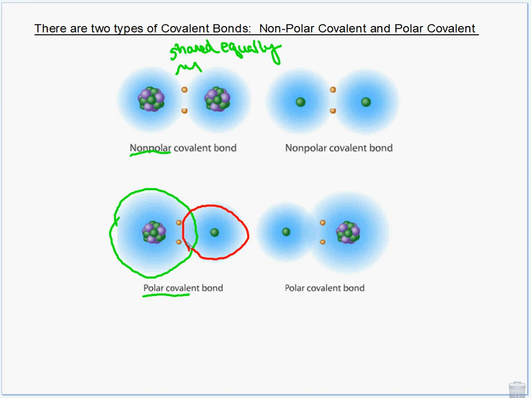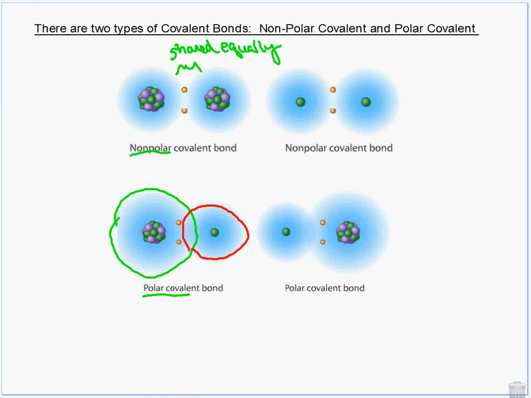So we say this one has a little bit more electronegativity. This is what we call a polar covalent bond. The electrons aren't shared equally; one atom takes them a majority of the time. We'll talk about each one of these bonds in a little more detail later, but that's an introduction.